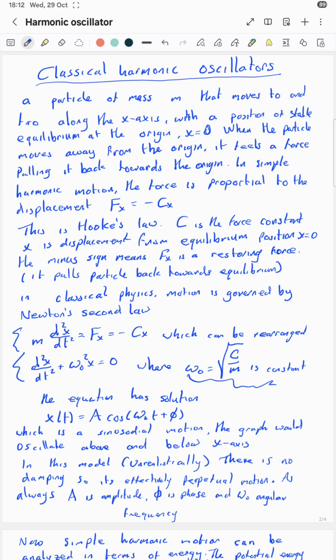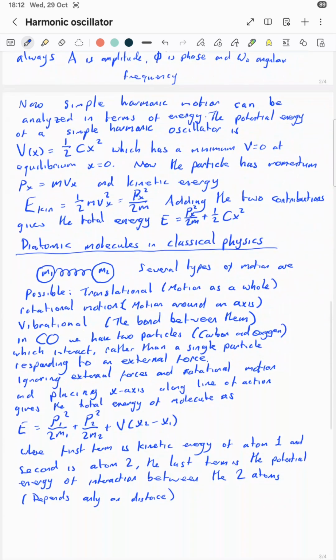The equation x of t equals A cosine of omega t plus phi is the sinusoidal motion, and the graph would oscillate above and below the x-axis. In this model, unrealistically, there is no damping, so it's effectively perpetual motion, which is nonsense in the real world. As always, A is amplitude, phi is the phase and omega is the angular frequency.